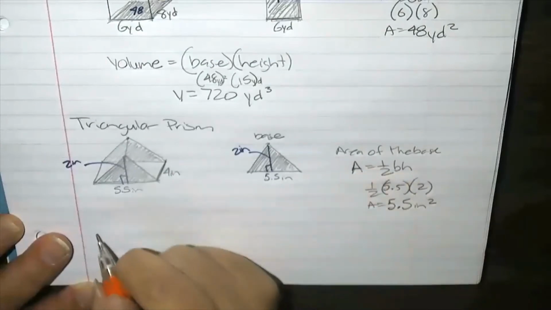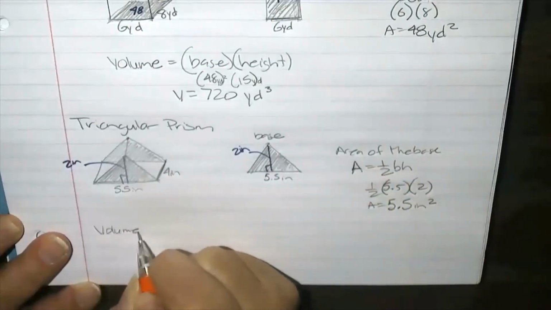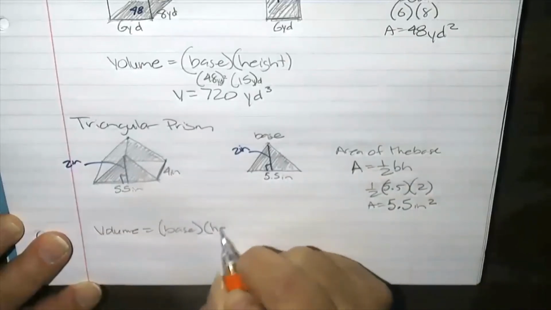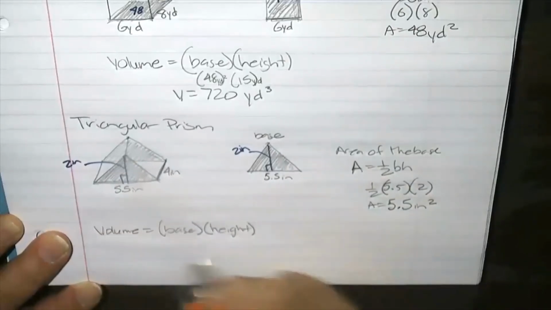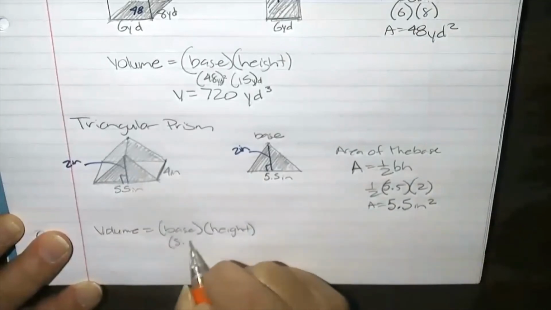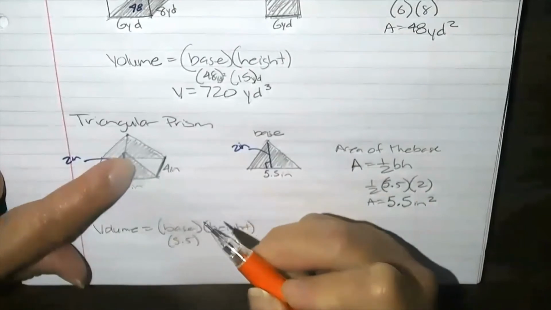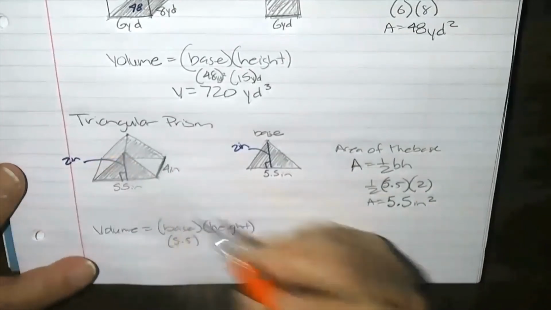So now the volume is the base times the height. My base is 5.5, and this is the height. If I put the base flat on the ground, this would be the height.